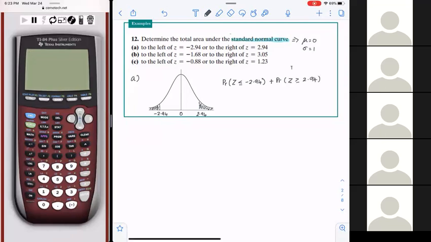Now, I used the addition rule to find the probability, and the third part is 0 because a number can't be less than or equal to negative 2.94 and greater than or equal to 2.94 simultaneously. So how do we find this using the calculator?